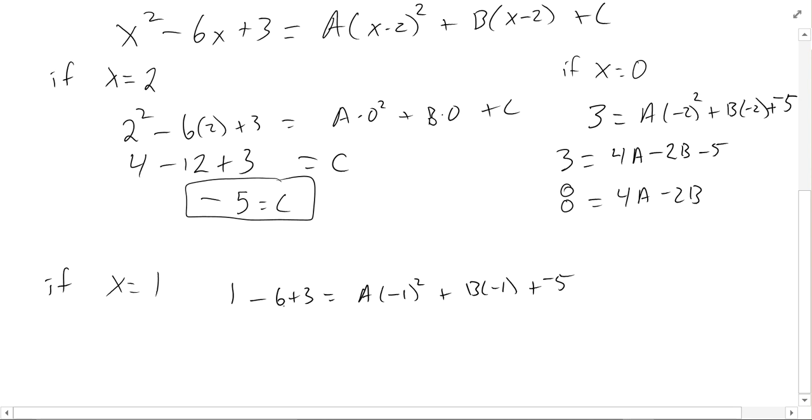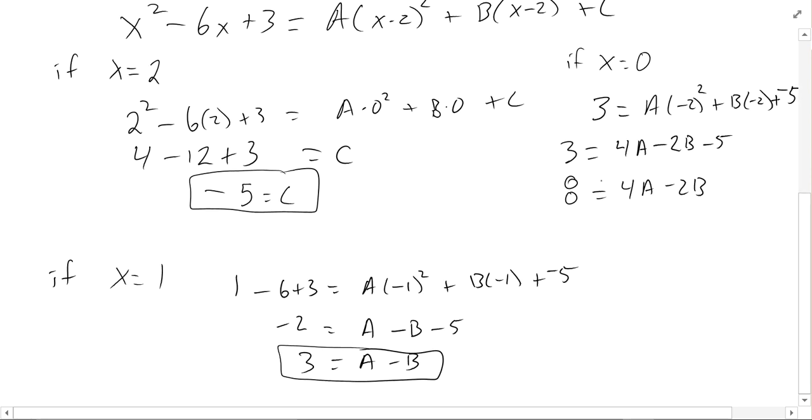And so that's going to give me the equation negative 2 is equal to A minus B minus 5. So A minus B is equal to 3. I can pair that A minus B equals 3 equation with the 4A minus 2B equation. I'll get that A is equal to 3 plus B.